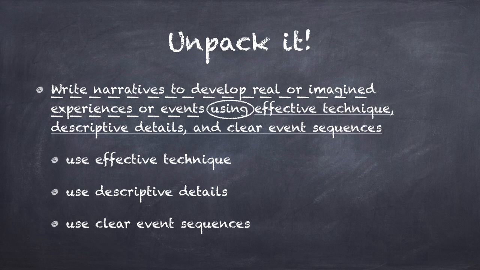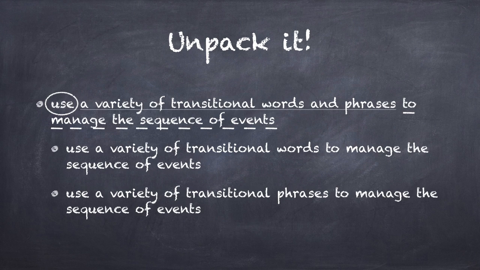Students need to be able to use effective technique while writing narratives to develop real or imagined experiences or events. Use descriptive details, use clear event sequences. Here, the verb is definitely use. So then the first substandard, here again, the verb is circled, it's use.